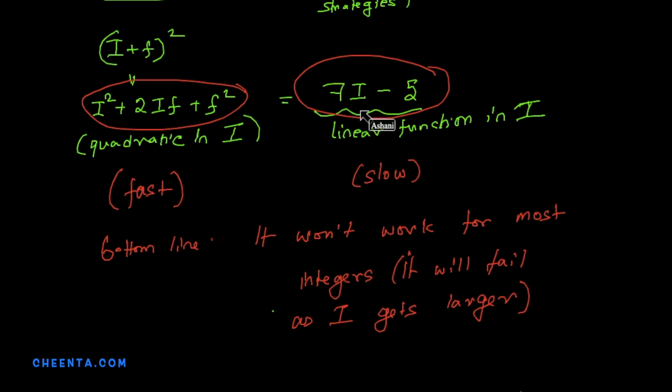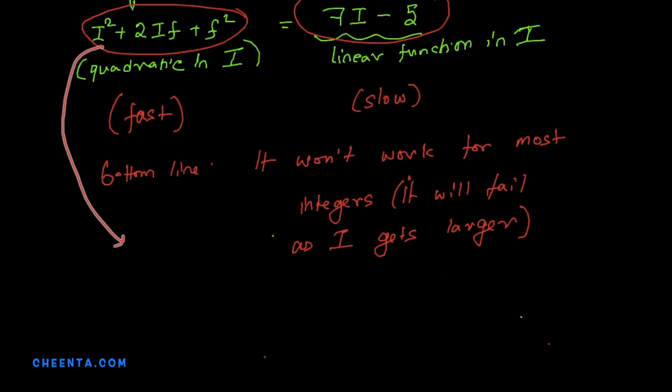So what we understand is that the left hand side will eventually overtake the right hand side. What we really want is to test those few values where the left hand side is equal to the right hand side. The left hand side is greater than or equal to I squared, because there is some extra stuff here.